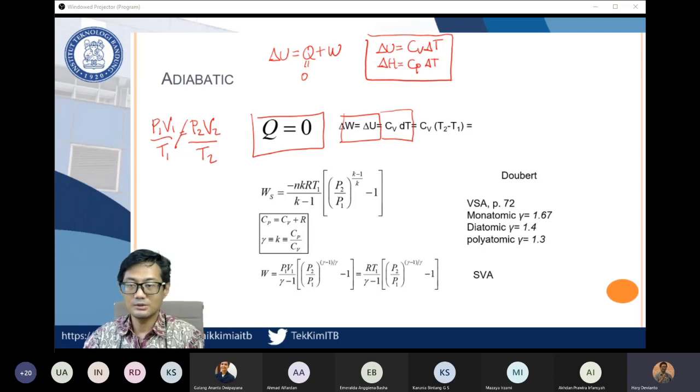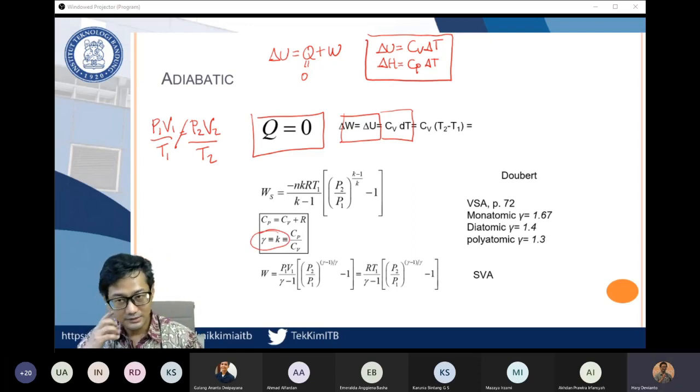In adiabatic, this one is not applicable. Why? Because there is an additional parameter incorporated into the system. What kind of parameter? This value, gamma, or some books mention it as K.